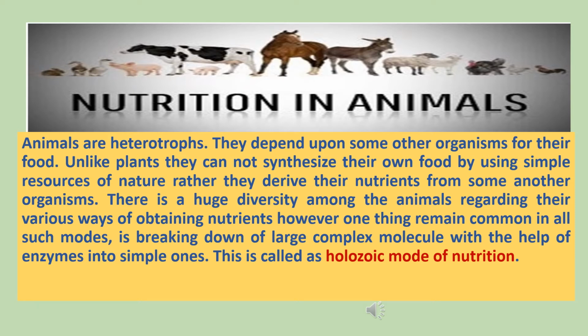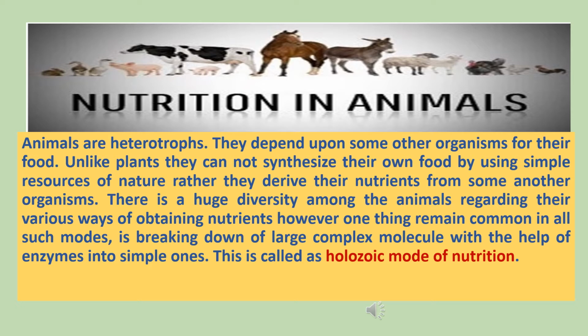Nutrition in animals. Animals in general have a wide range of modes by which they take their food. Some are herbivores, some are carnivores, some are very small parasites. So we see a lot of diversity in their heterotrophic mode of nutrition.